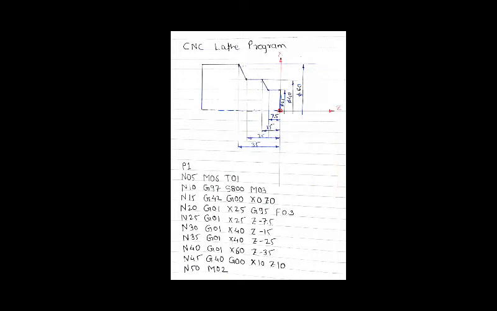So whenever you do the program, it will become easy to do the programming. You can add that also, that is initial position, first point, second point, third point, fourth point, fifth point and sixth point over here.